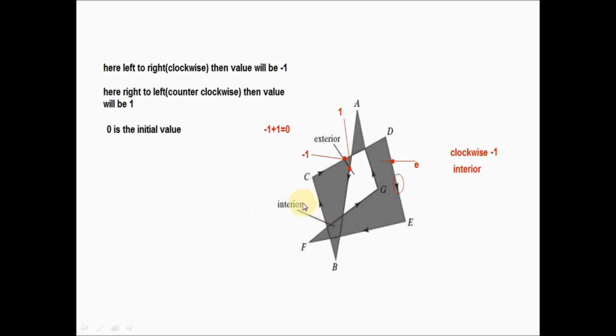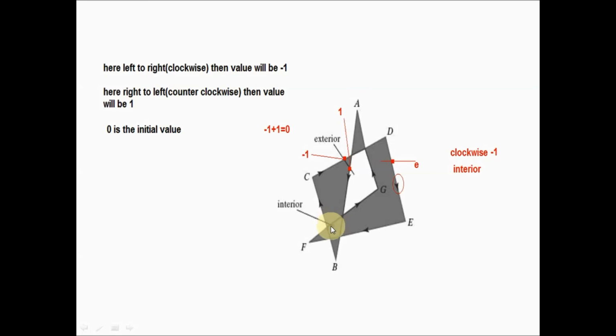Now see how many edges it is intersecting, guys. See it carefully. This is the first edge and this is the second edge, right? So it is intersecting 2 edges. Now see the direction.